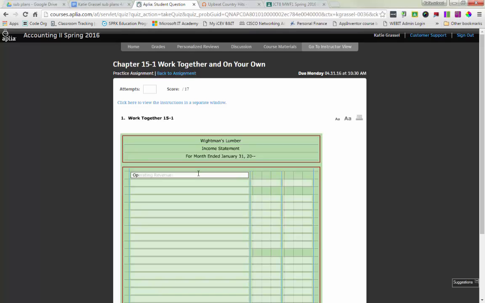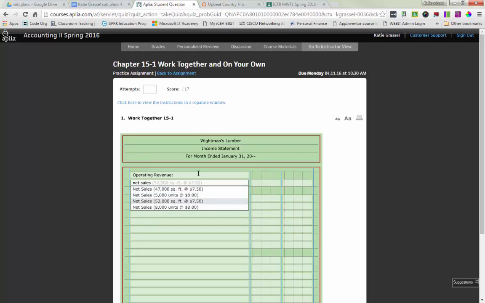What goes on the very top is going to be our operating revenue. Basically, anytime we do an income statement, we have to have our revenue on the top, and then we're going to list our expenses on the bottom. When we take a look at our operating revenue, it tells us in our book that we have net sales of 52,000 square feet. So I'm going to put in here net sales.